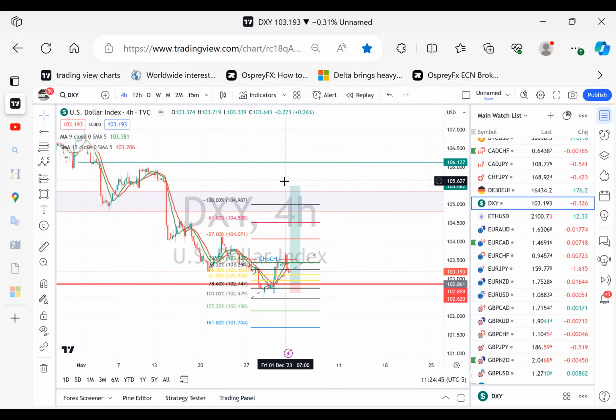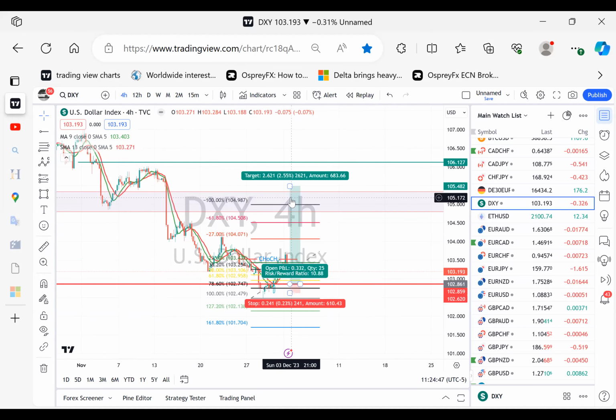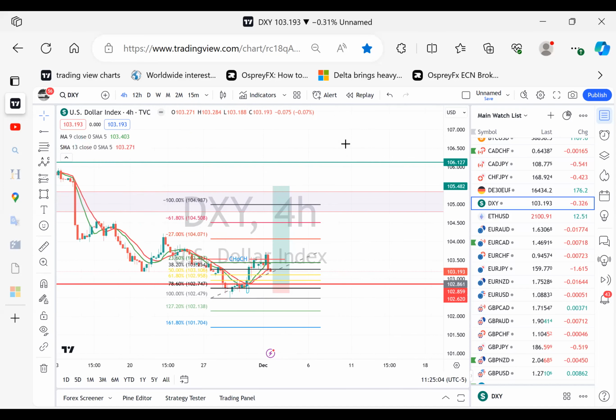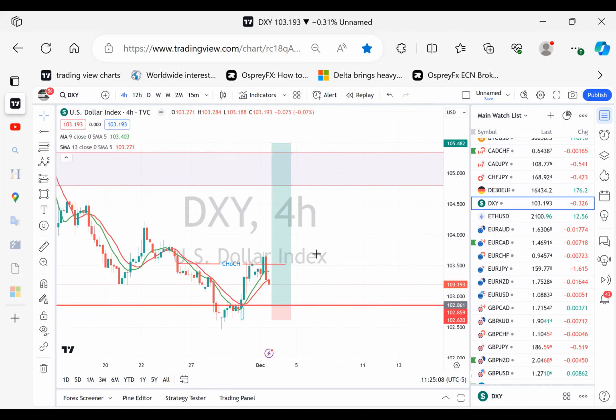At this point, you might get a pullback, but you're going to have to look at where your swing highs and swing lows are. Either it's going to pull back to the swing low or right around the swing low. It might be an up move and a pullback to the 78 to push through these highs. That will let you know what direction the market is going.